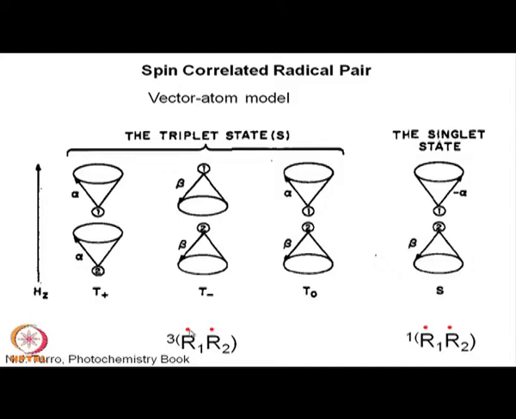If they are two up spins or two down spins, it will be a triplet state. Here it is one spin up and another spin down, so it is a singlet state. You can find these details in Turro's photochemistry textbook. A revised version is available in the market.